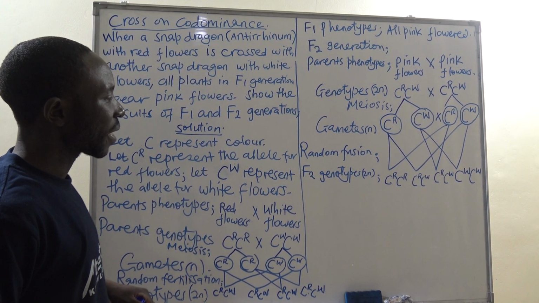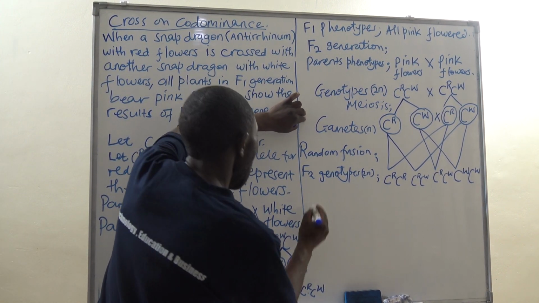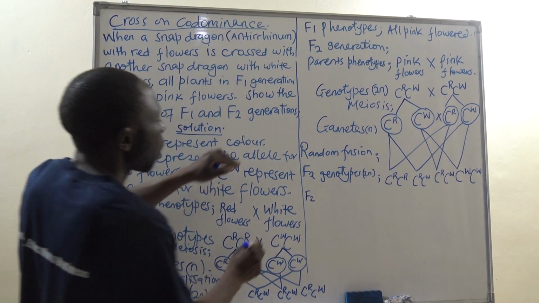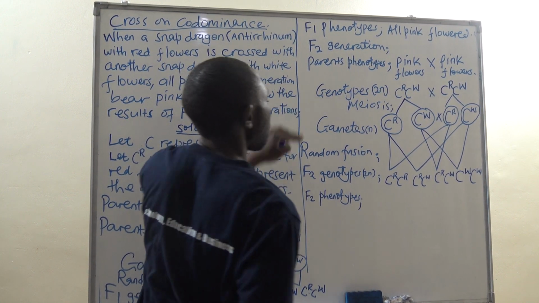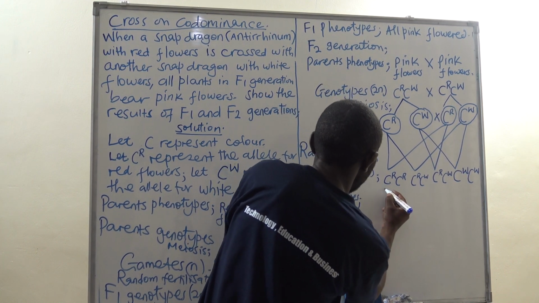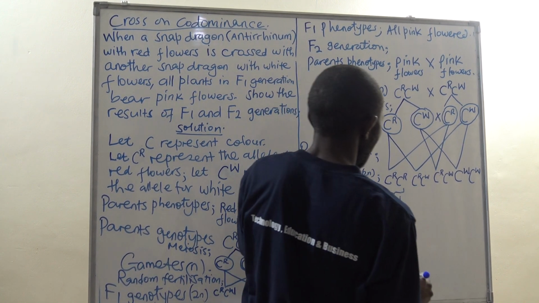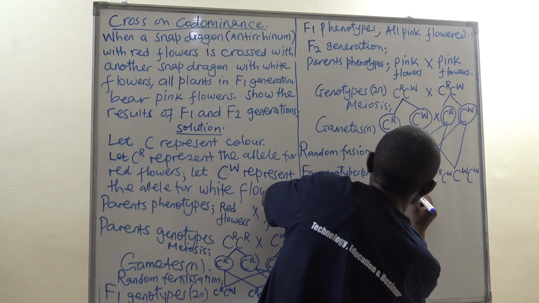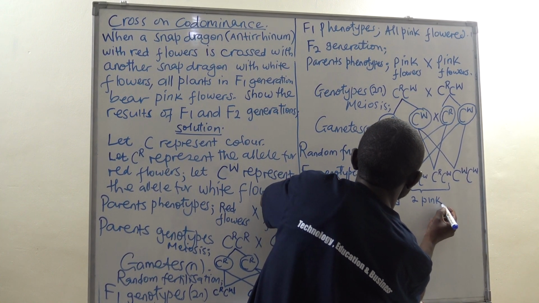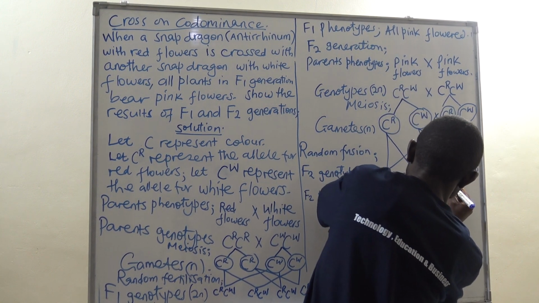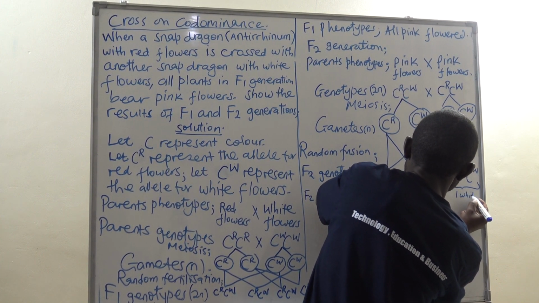Now the F2 phenotypes: we have one red, two pink, and one white.